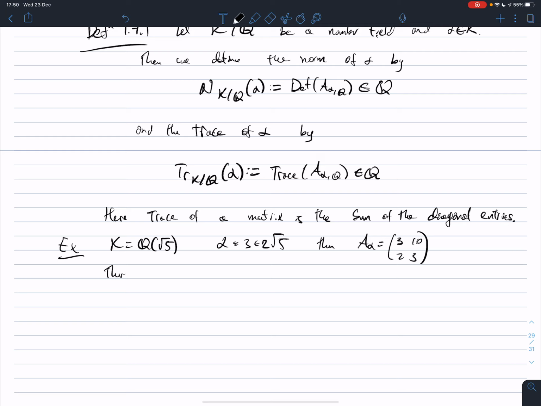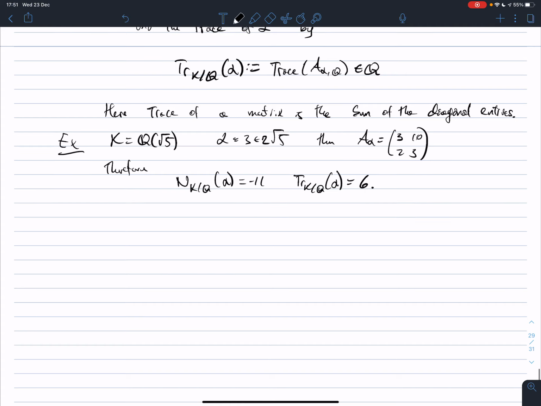Therefore the norm K over Q of alpha is just the determinant of this matrix, which, you'll find, is minus 11, and the trace is just the sum of these diagonal entries, which is just 6. Great.